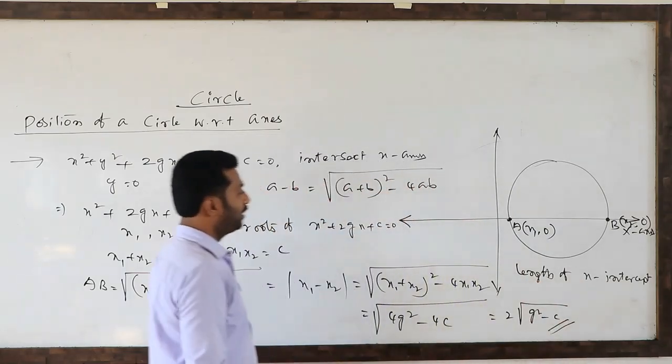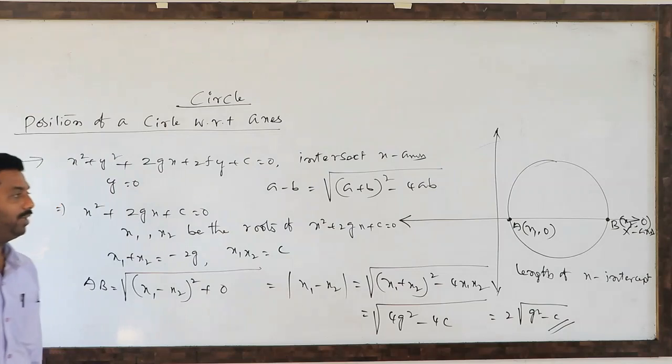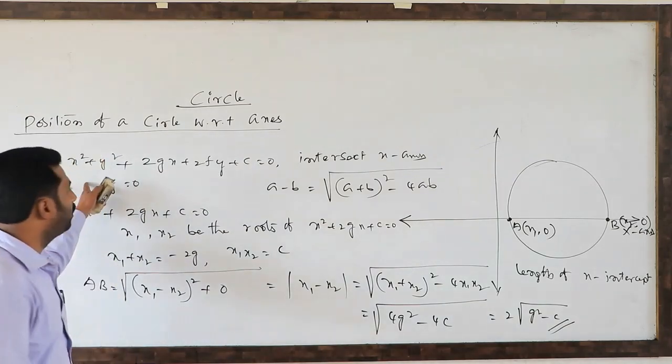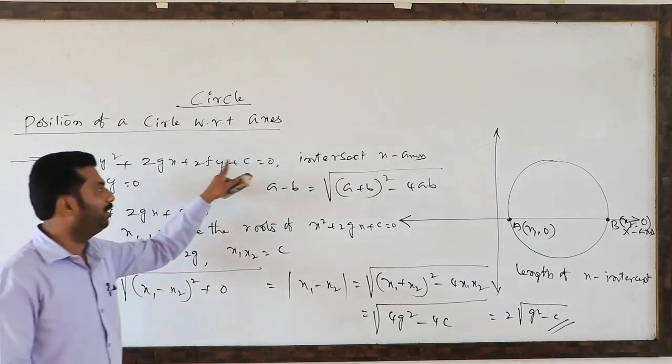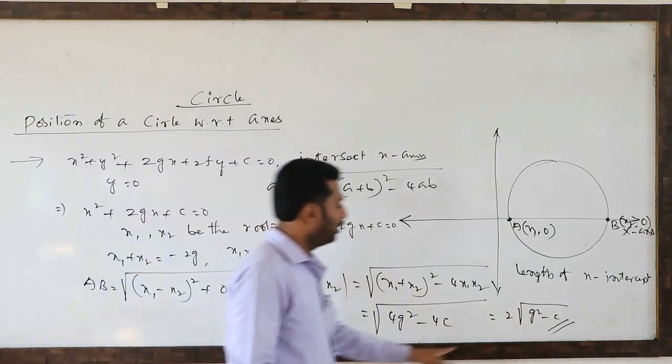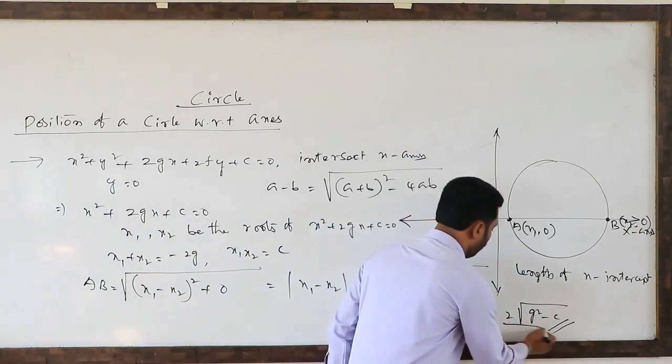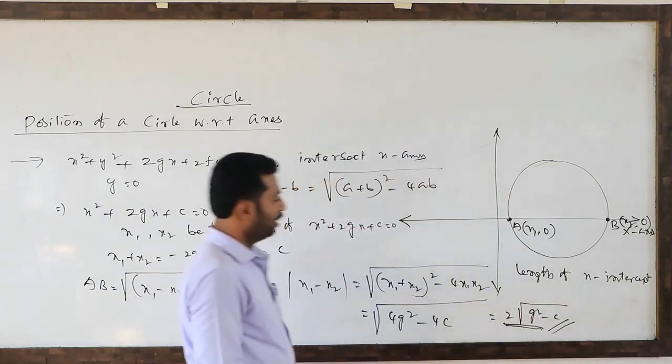So what is the length of the x-intercept made by the circle x square plus y square plus 2gx plus 2fy plus c equal to 0? That is 2 into root of (g square minus c). Most important formula you should remember.